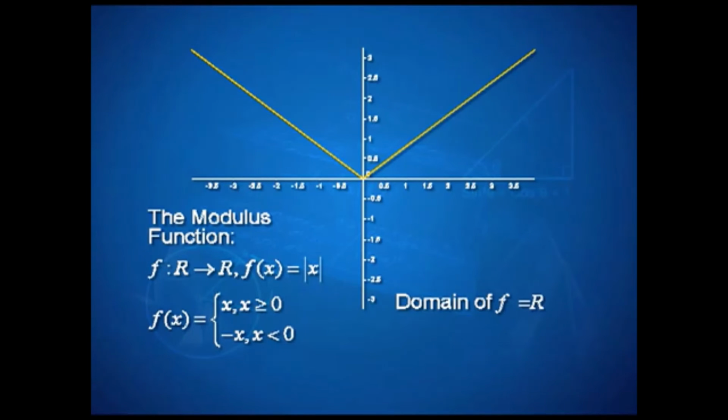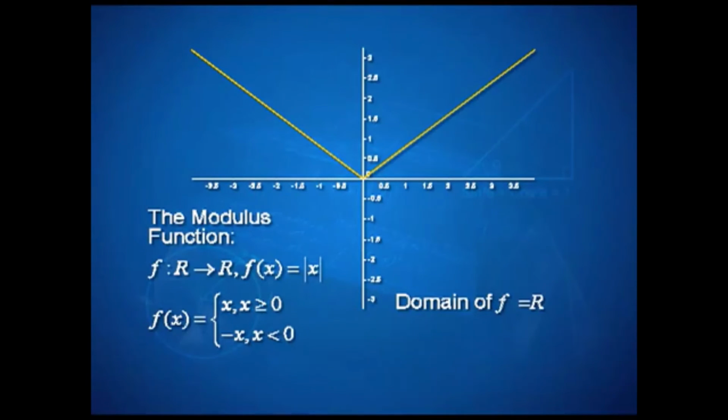Yes, all real numbers. But what about the range? What are the values of the output? Y in this case remains along the positive y-axis, and therefore, the domain of f is all real numbers, whereas the range is the set starting from 0 including 0 to infinity, all positive real numbers including 0.